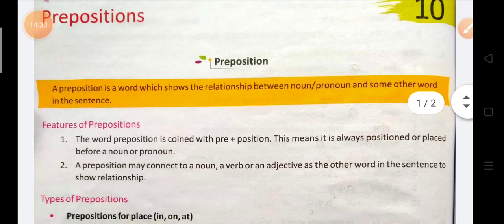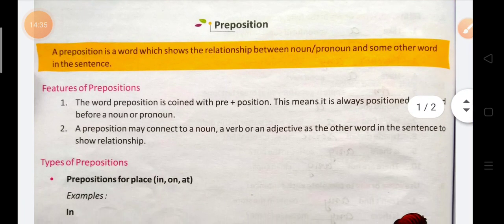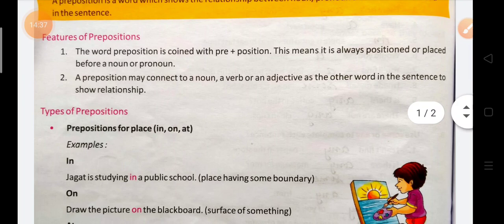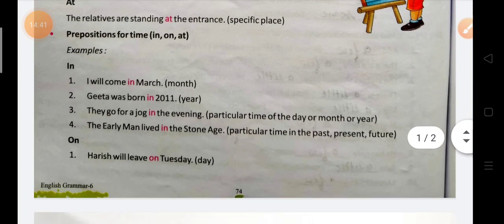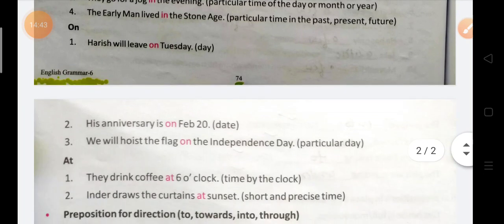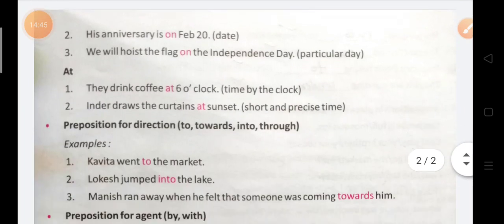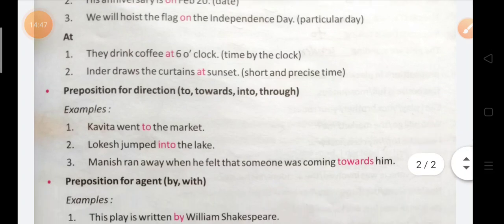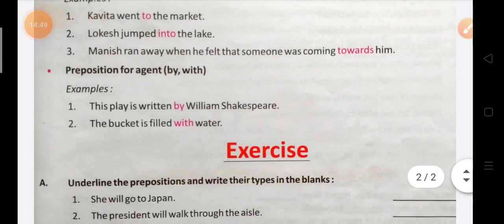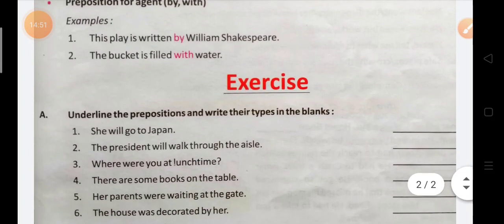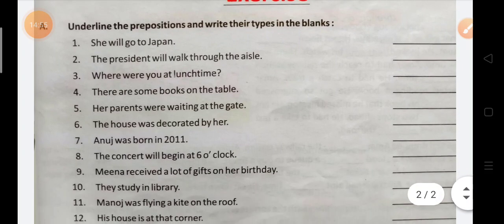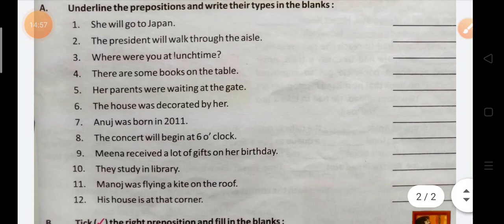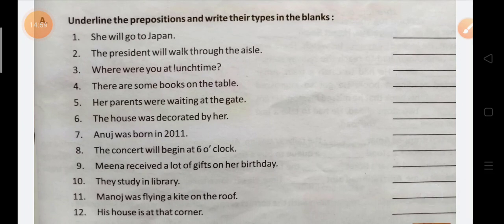So you will keep all these things in your mind thoroughly, and you will study all these examples and lines thoroughly, and you will understand what a preposition is in detail. After that, you will try to solve these exercises, and you will send all these exercises to my number if you have, and then I will provide you the solved exercises.